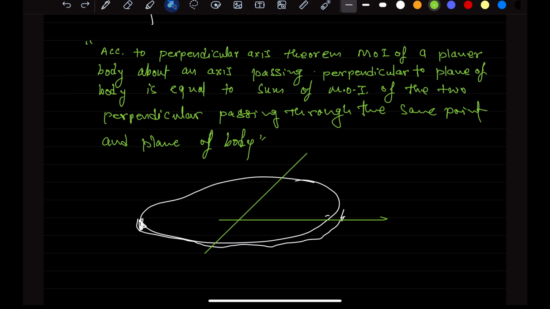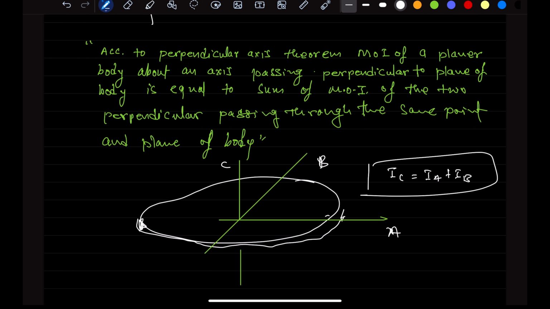Let's call it C. Okay, let me name them. So this is A, B, C. So I can say IC equals IA plus IB.